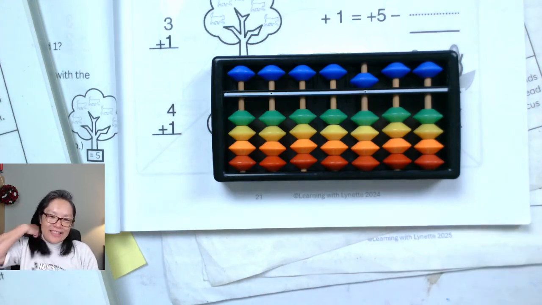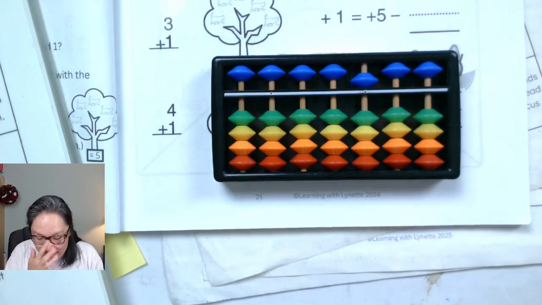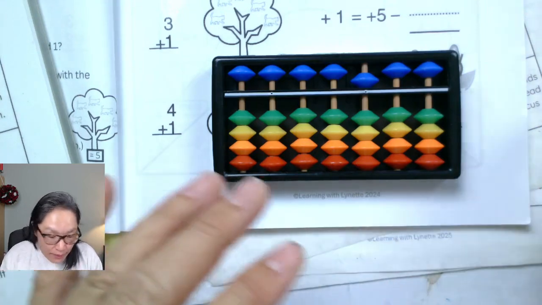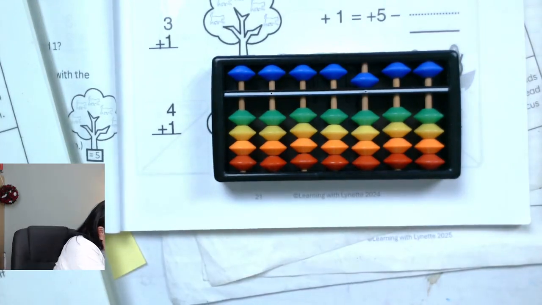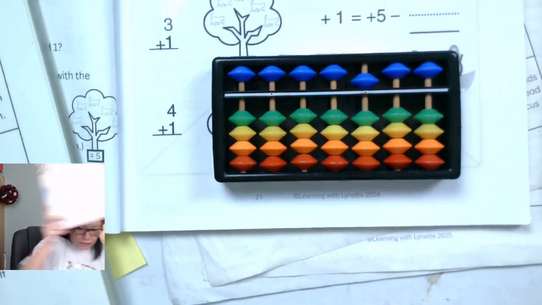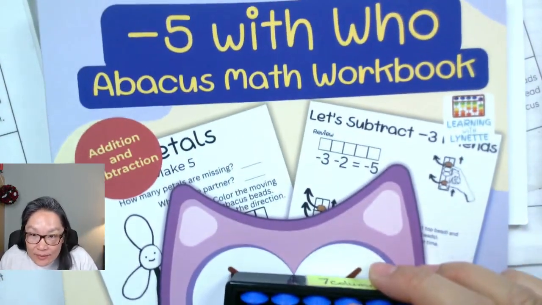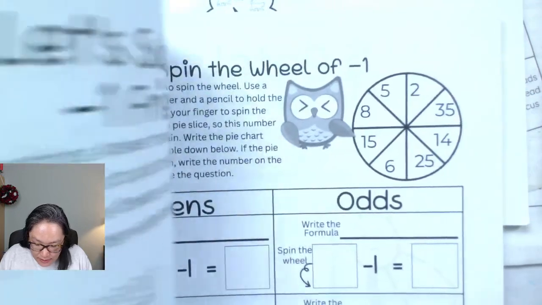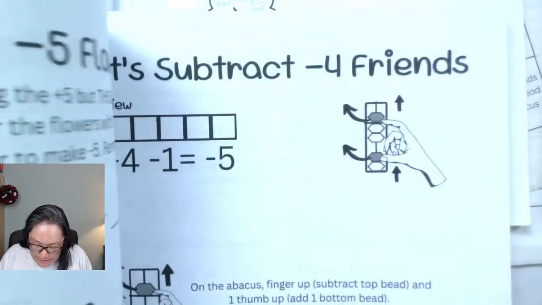All right, so does that make sense? Are we okay with how to make a 5? If you know how to make a 5, we know how to subtract the 5. It's the same thing with adding; the only thing that's different is the signs.